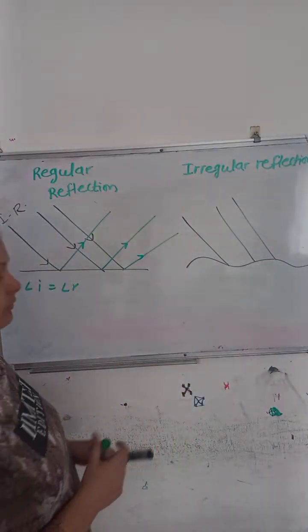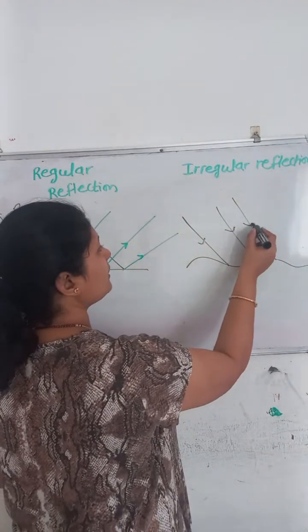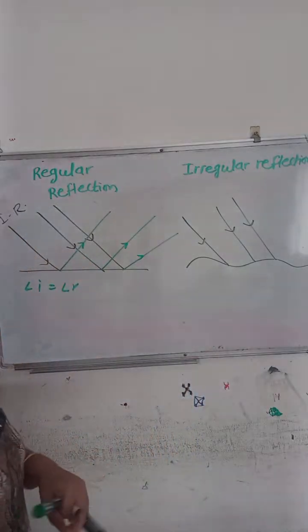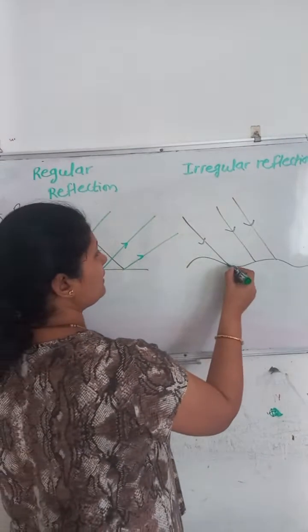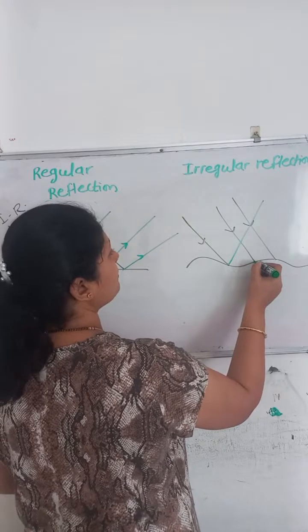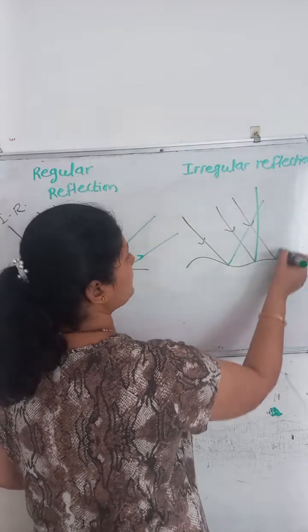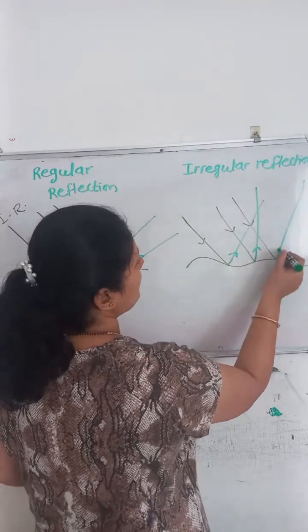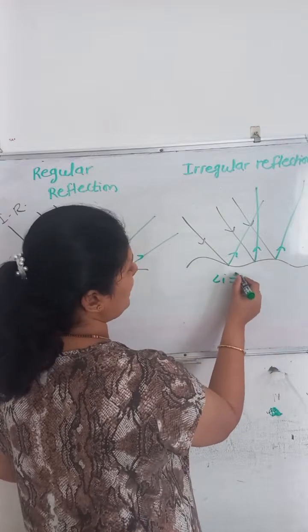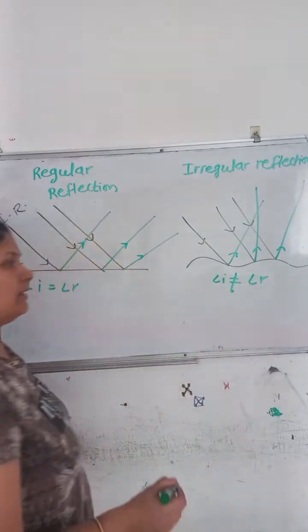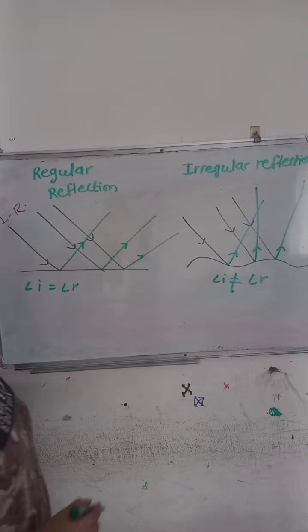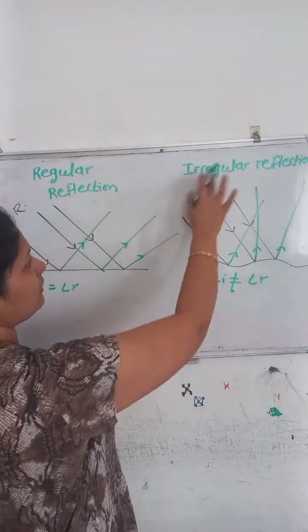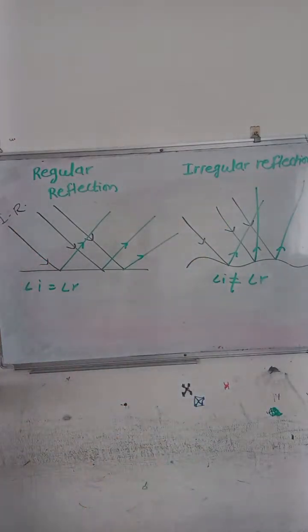So these incident rays are falling on the irregular rough surfaces, and from there they are reflecting back, and in this case angle of I is not equal to angle of R. So that kind of reflection is known as what? Irregular reflection. Understood this? Okay.